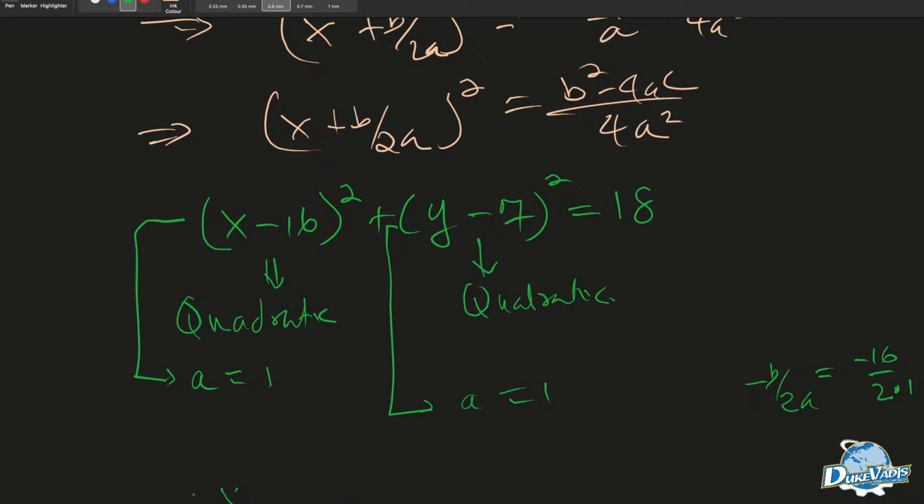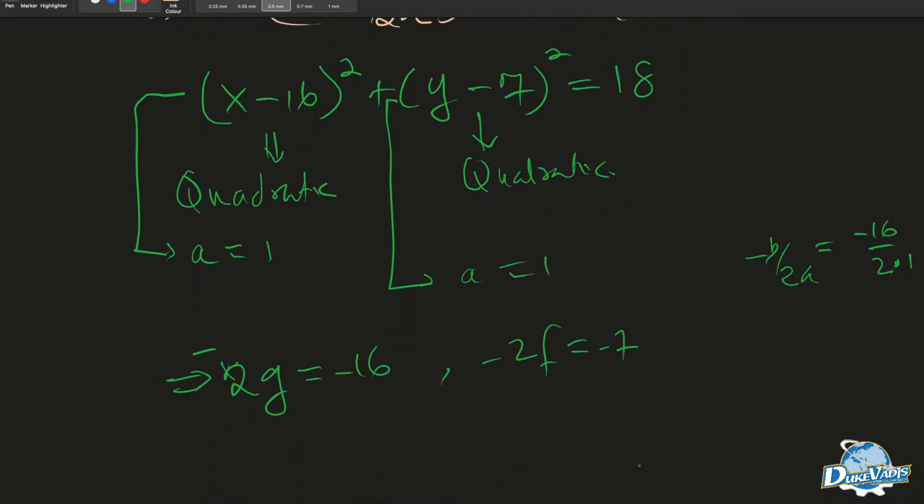If we equate this to negative 16, and that to negative 7, then our j, if j is the expression here, will be 8, and this f will be positive 7 over 2.